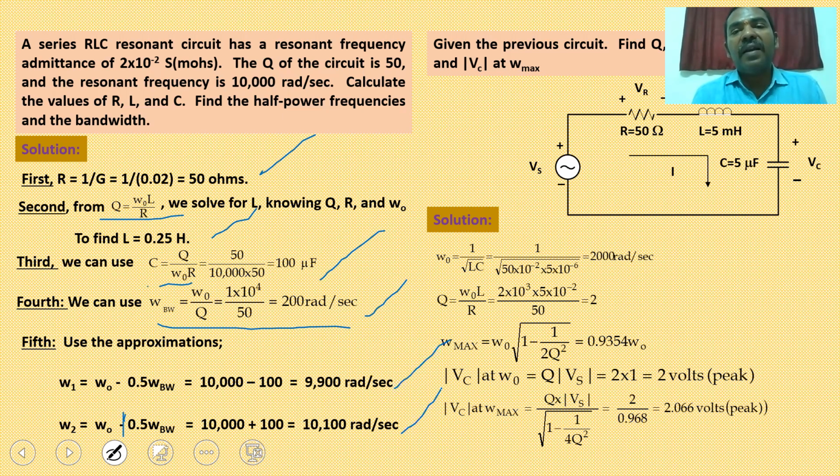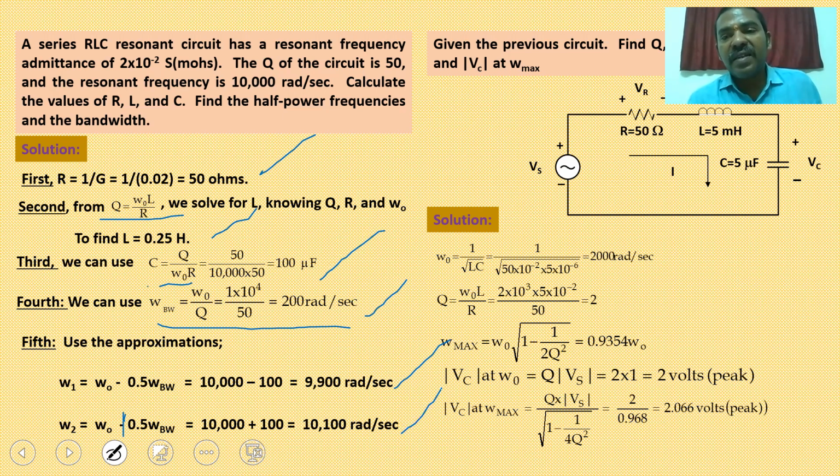Okay, so similarly we are going for the calculation of omega naught and the maximum value of the voltage drop across the capacitor, at frequency with respect to the quality factor, for the given circuit.